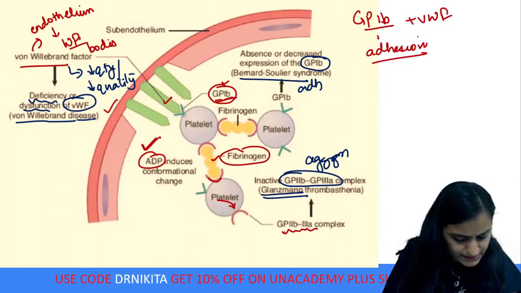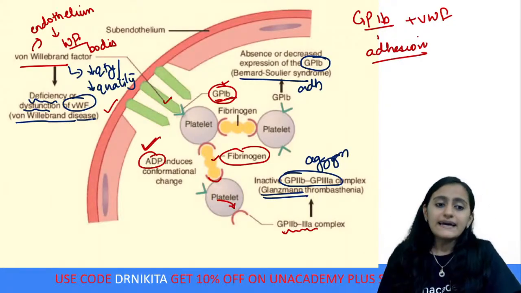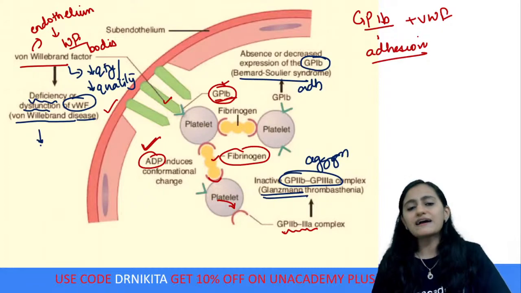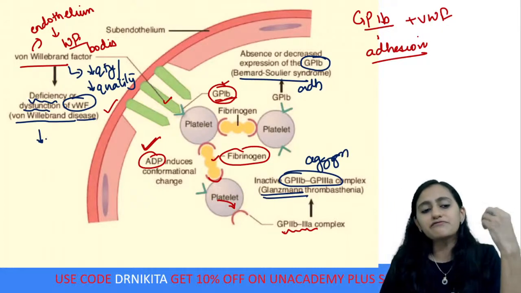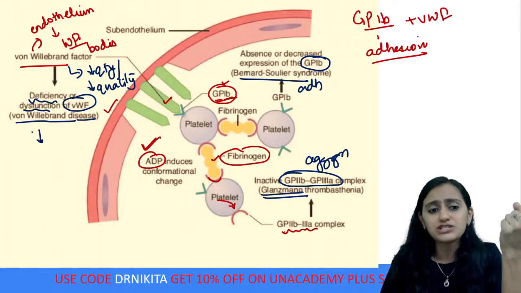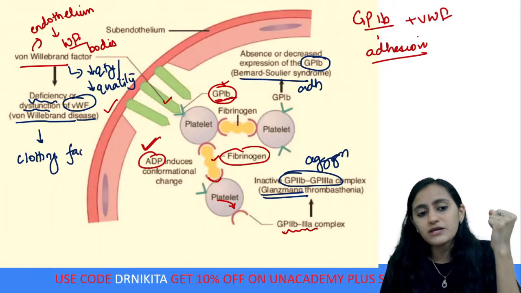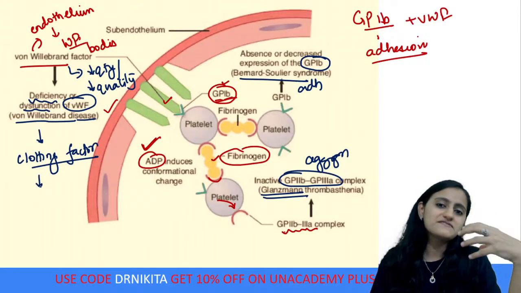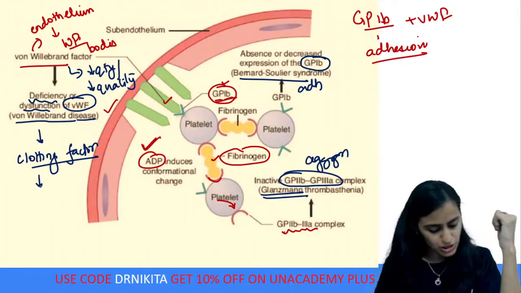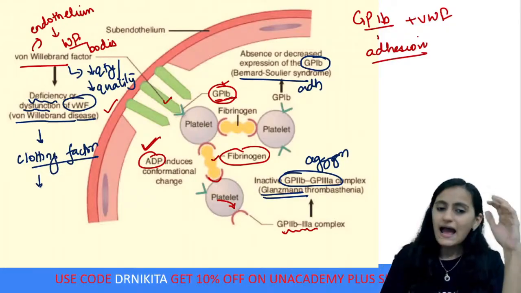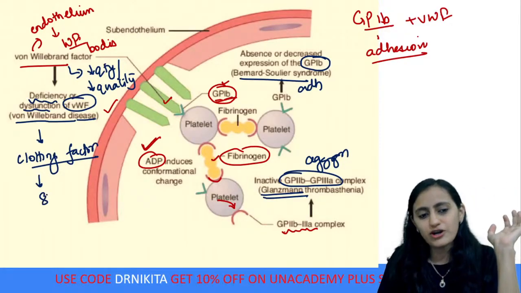Alright. So now, can you tell me this von Willebrand factor is also necessary for the function, proper function of which clotting factor? It is required for the proper function of which clotting factor? Clotting factor 5, 7, 8, 9, 10. Which clotting factor is it required for? Absolutely right, Sindhu. It is your clotting factor 8.